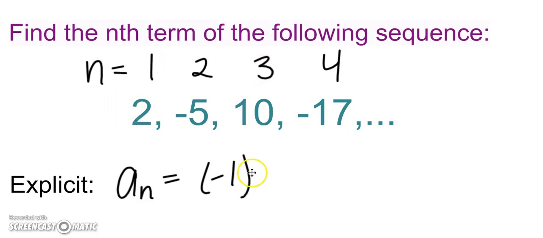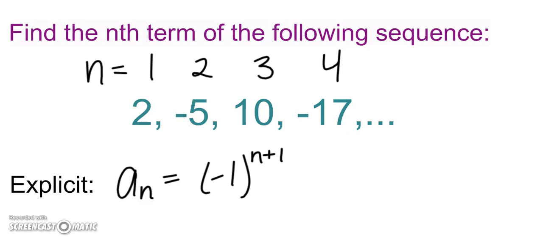I want to have the negative signs in the even locations. So I don't want to raise it to the n, because if I do that, then negative 1 to the second gives me a positive 5. So that's not going to work. What I do want to use then is n plus 1. That's going to put a negative sign in every even location. Okay, so that takes care of our negatives.